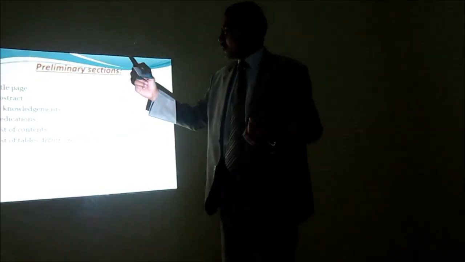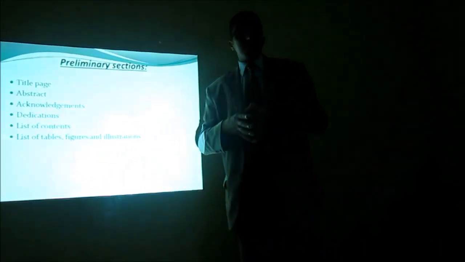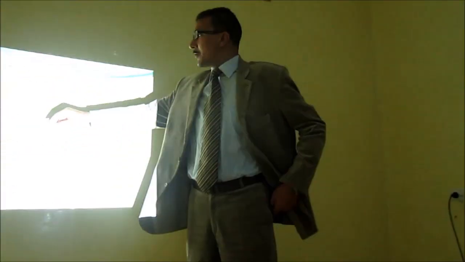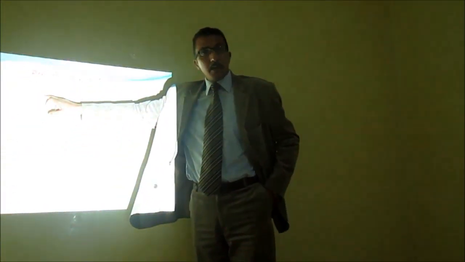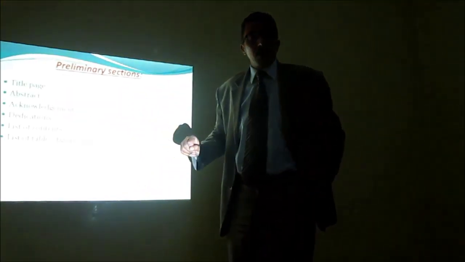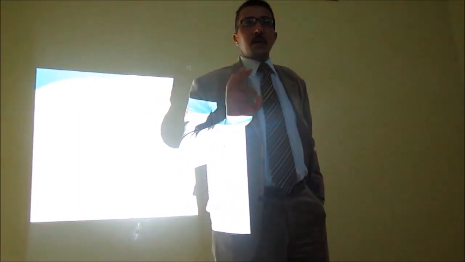And also another important thing, why they are called preliminary sections, is because they are not effectively numbered. You're not going to number the title page. You're not going to number the abstract. You start numbering your research paper from the introduction, because in the introduction you start informing about your research topic.